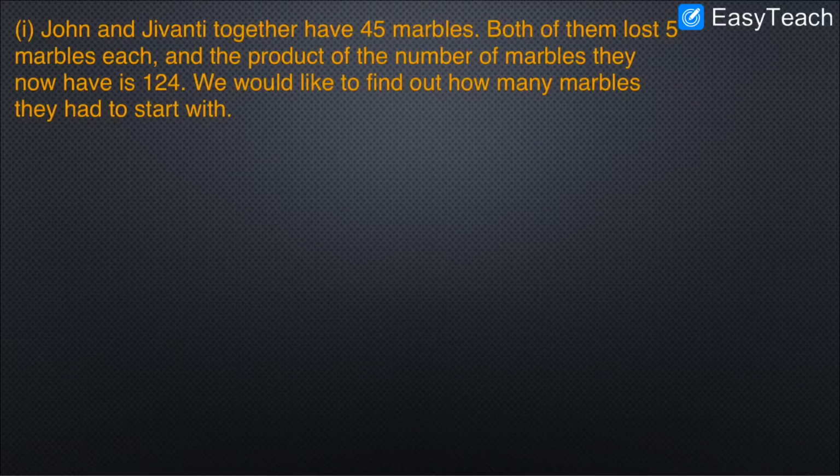Next, here we have a real-time example. Let's try to write the quadratic equation for this situation. John and Jivanti together have 45 marbles. Both of them lost 5 marbles each, and the product of the number of marbles they now have is 124. We would like to find out how many marbles they had to start with.